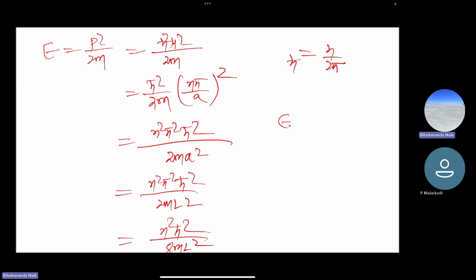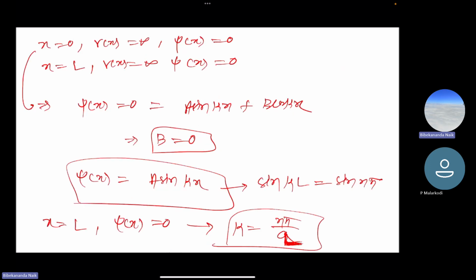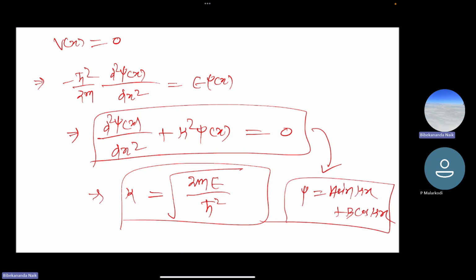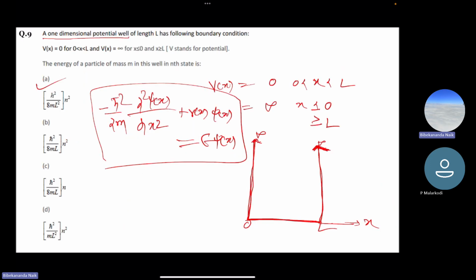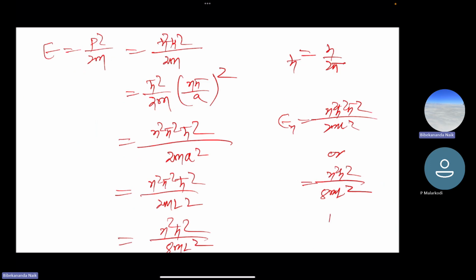So E n will be either n square h cross square pi square by 2m L square, or n square h square by 8m L square. Now if you see the options, it is n square h square by 8m L square. So the correct option is option A.